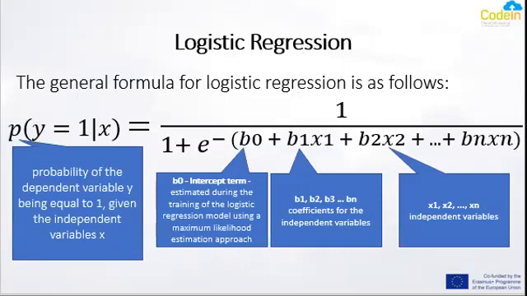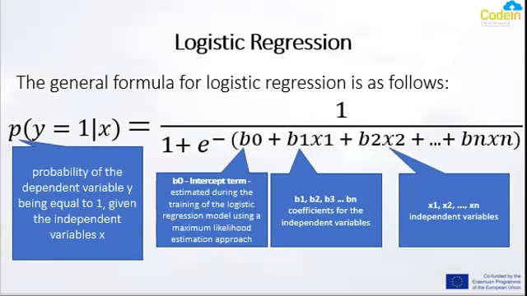This probability is then transformed into a binary outcome using a threshold value, usually set at 0.5. If the probability is greater than 0.5, the outcome is predicted as 1, yes, true. And if it's less than 0.5, the outcome is predicted as 0, no, false.